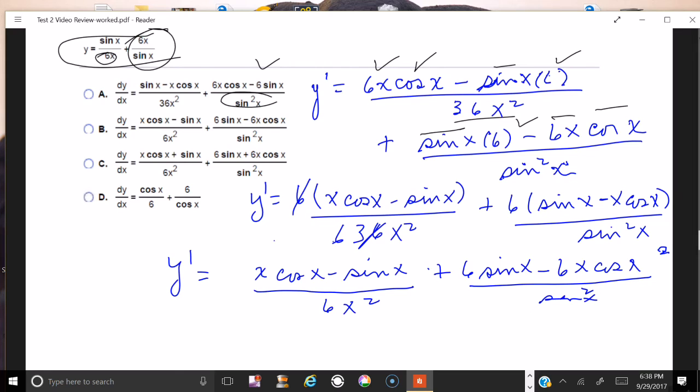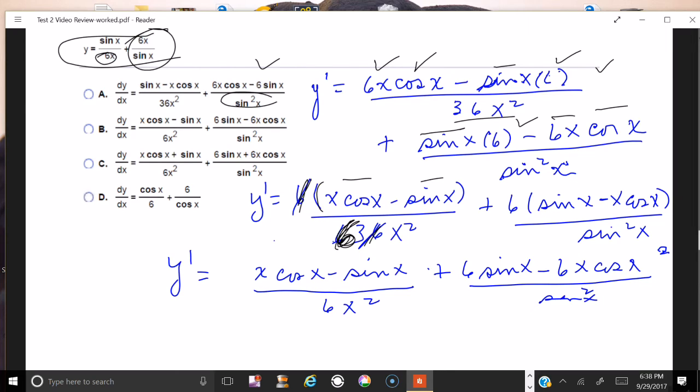Now let's go ahead and simplify this. The first term, I'm going to take a 6 out and get 6 times x cosine of x minus sine of x divided by 36x squared. And notice I'm going to divide a 6 into this 36 and get 6.